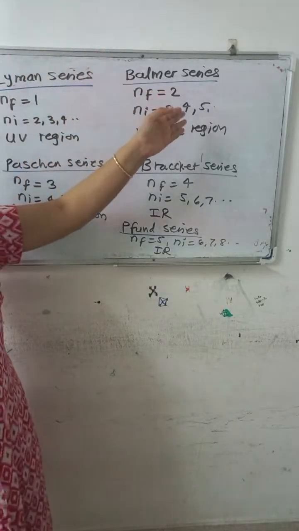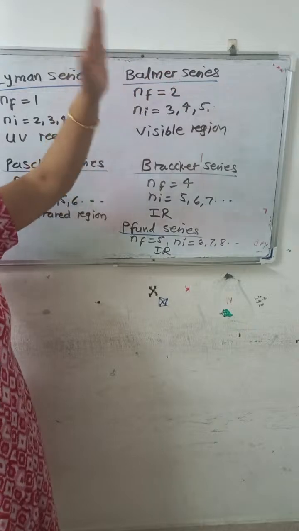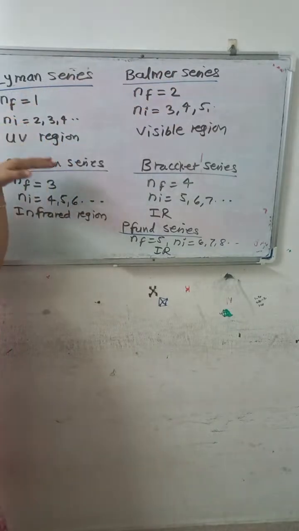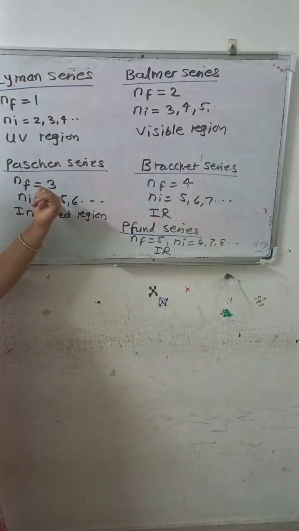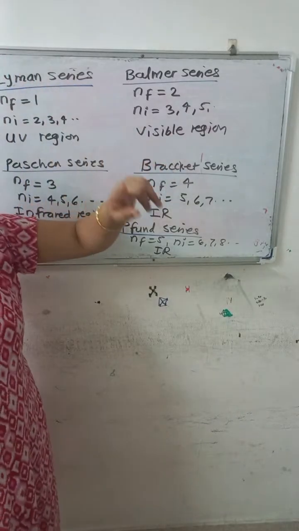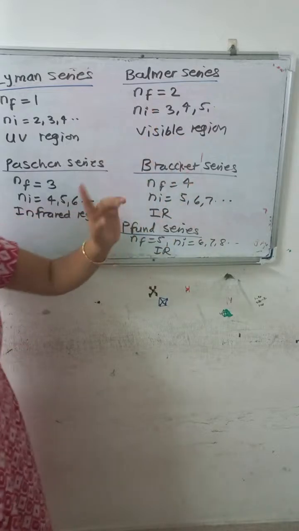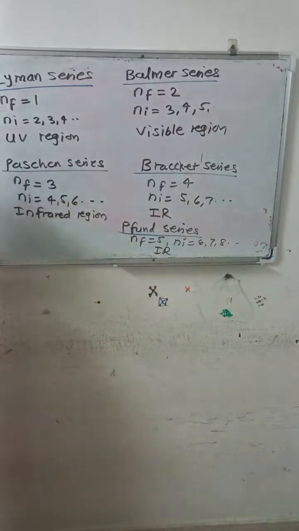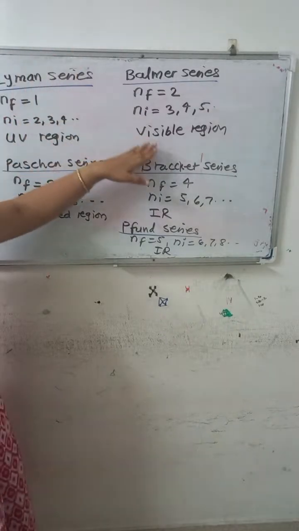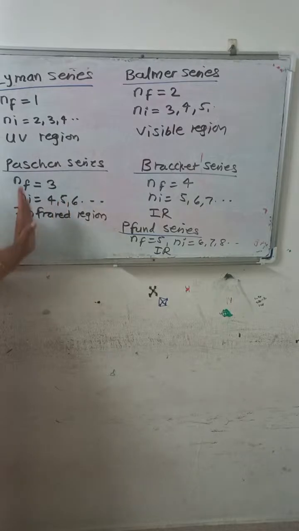In Balmer, from infinite to 2, in Paschen, from infinite to the third orbit, in Brackett, from infinite to the fourth orbit, and in Pfund, from infinite to 5. Only Lyman series lies in the UV, and Balmer is in the visible. The rest, Paschen, Brackett, and Pfund, lie in the IR region.